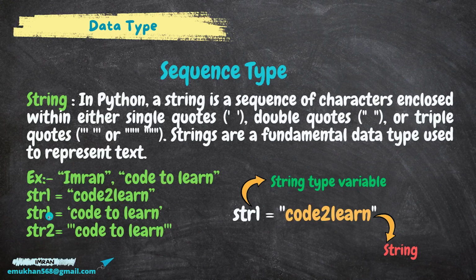You can see another variable str1 with code to learn under single quotes, and the last one under triple quotes. Here is a variable, and the value is the string code to learn inside the quotes, and this variable is called a string type variable. I think you can understand very easily. It's not a very big deal.